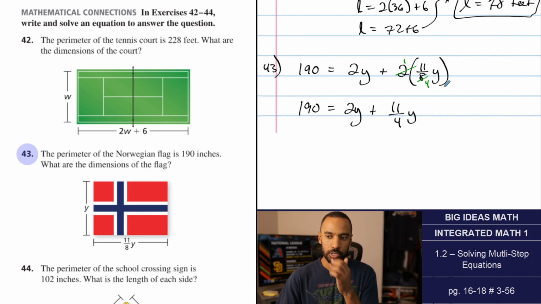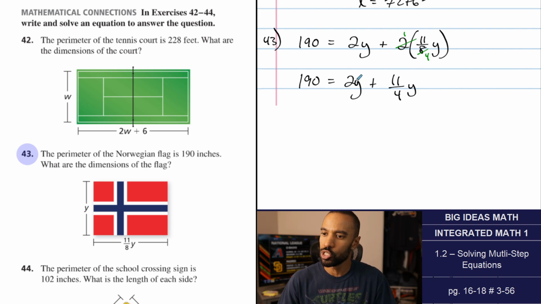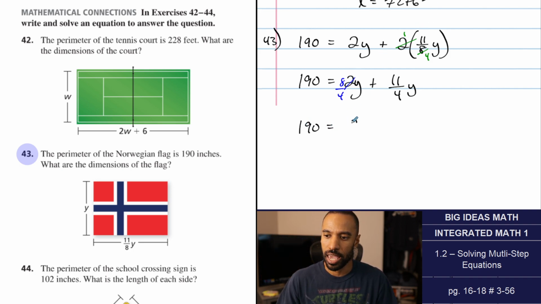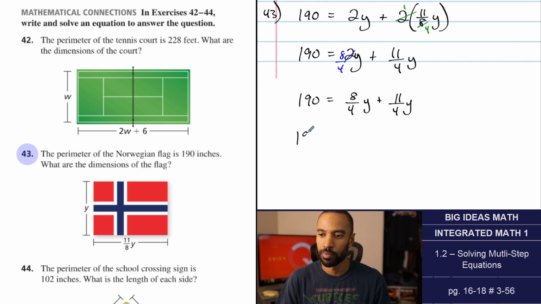I'm still not done at that stage, but let's keep going. Let's play common denominator. Let's deal with this as a fraction problem. 2 is also 8/4, 2 times 4 over 4, right? And now we have 190 equals 8/4 y plus 11/4 y. Now that we have a common denominator and they're like terms, we can combine them, where we get 19/4 y.